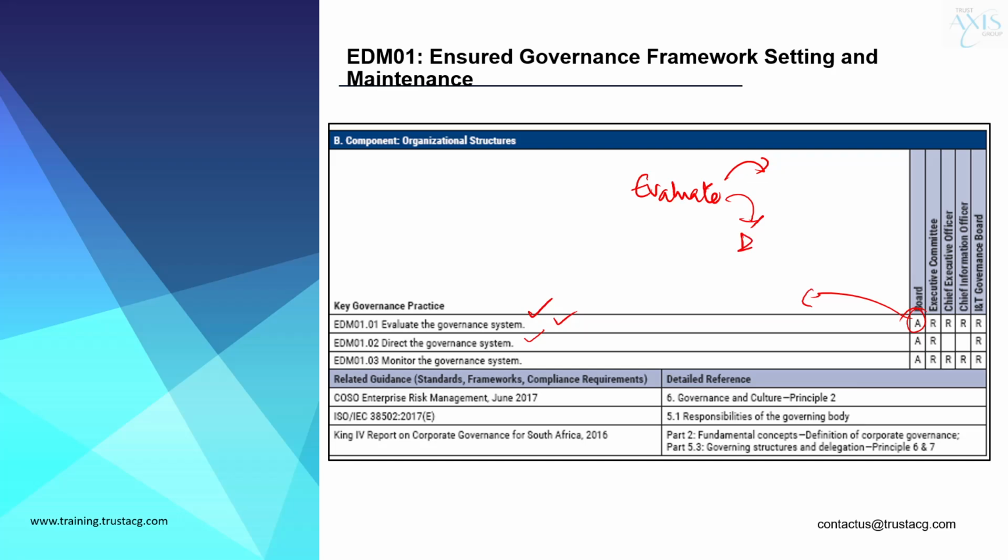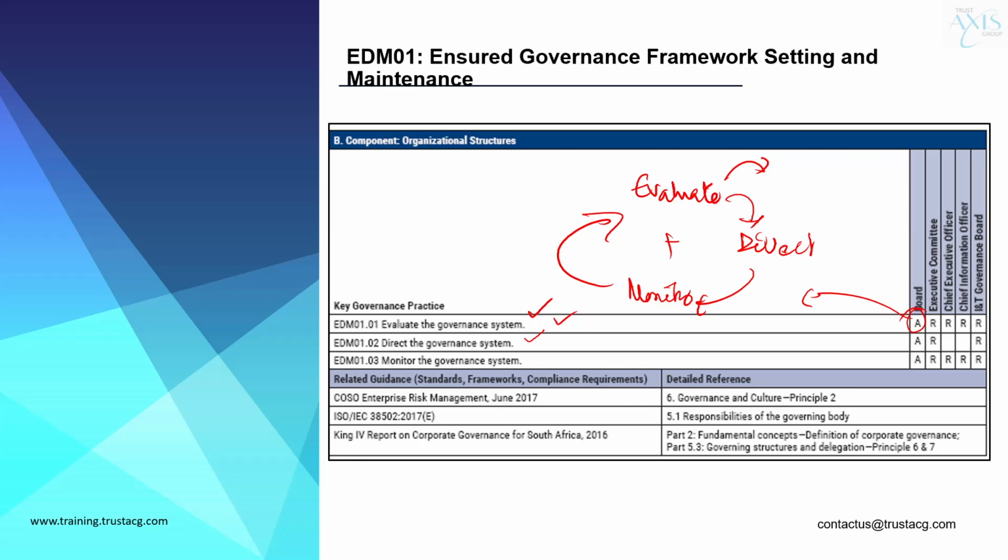Once you evaluate, you direct the changes, and then you validate whether they are being implemented into the governance framework. This cyclical approach ensures your governance framework maturity continuously evolves with the organization's requirements and external changes.